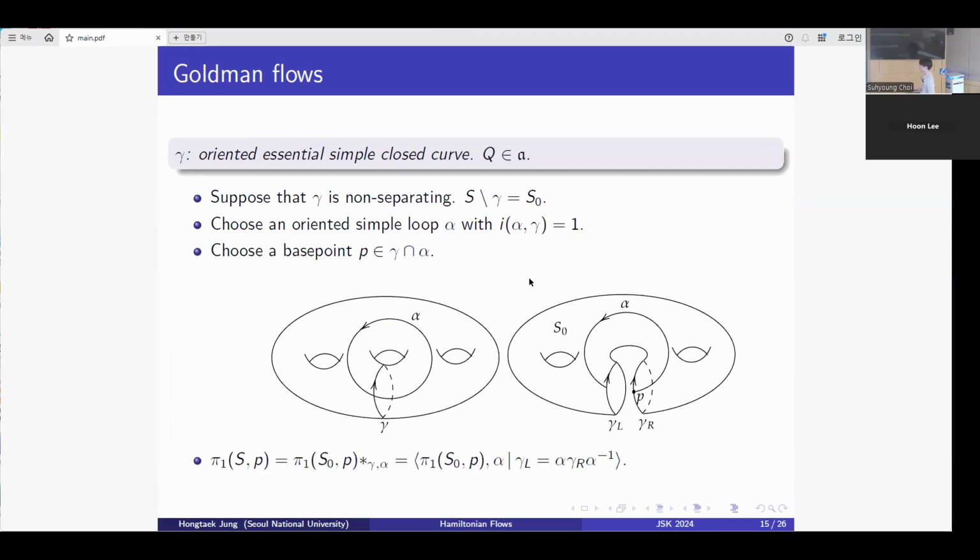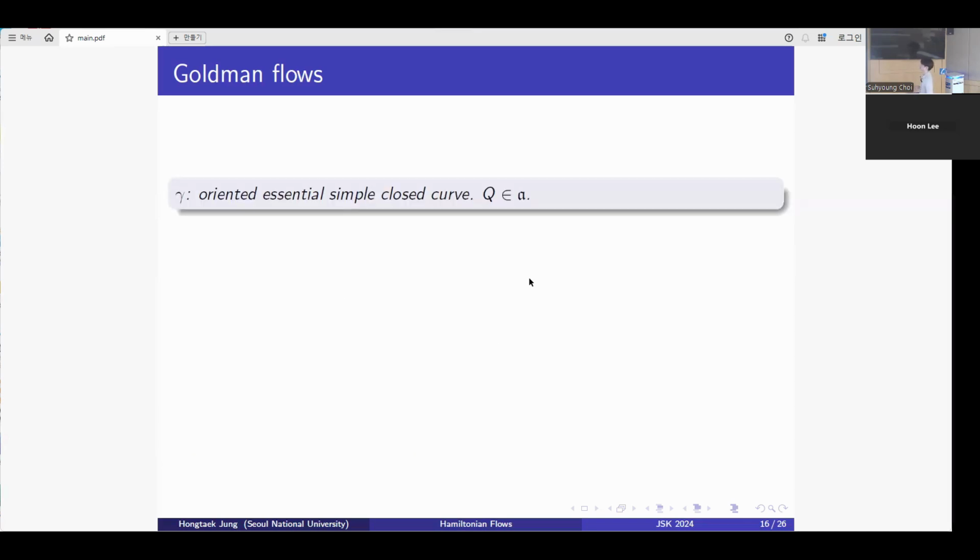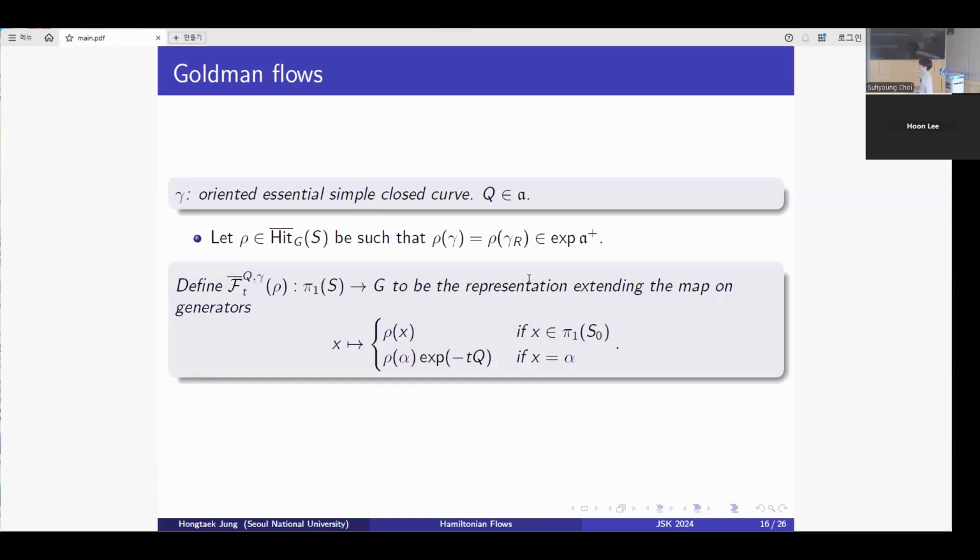Then your surface group pi1 of S can be written as an HNN extension, meaning that you have pi1 of S naught, the fundamental group of the subsurface, and you have an extra generator alpha that plays the role of this extra transverse curve, and this alpha satisfies the following extra relation.